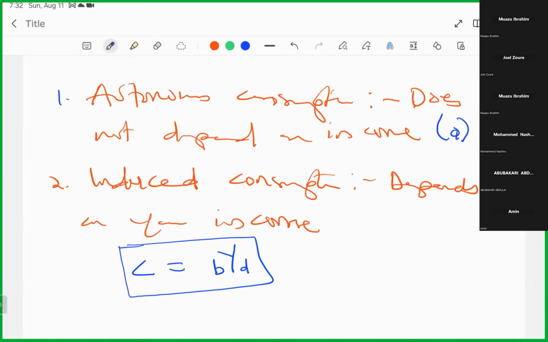But for the induced, apart from the evening tea that you will eat, you can go out and buy an apple and eat. It is also a consumption. You are buying the apple to eat because you have more income. If someone doesn't have income, it means that person will not have the extra luxury to go for an apple after having the autonomous consumption. Are we together?